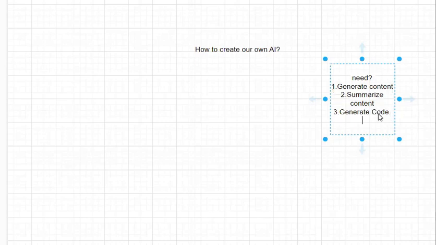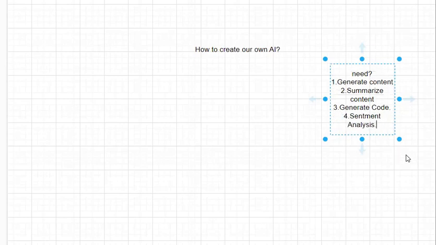Even we can analyze sentiment. Sentiment analysis also we are able to do by using that. That is, by providing previous inputs, we can get the output of the next sentence.